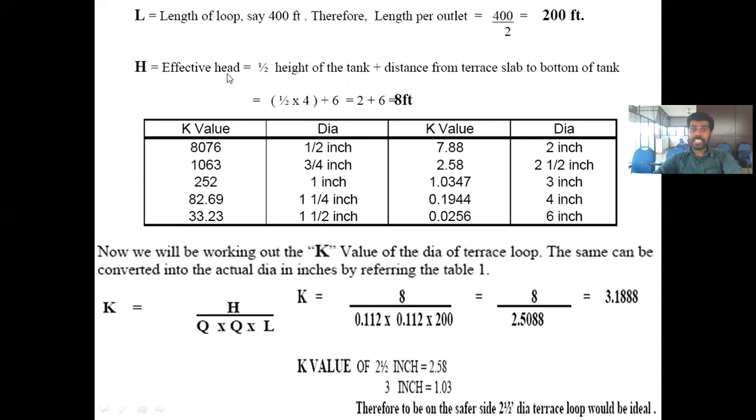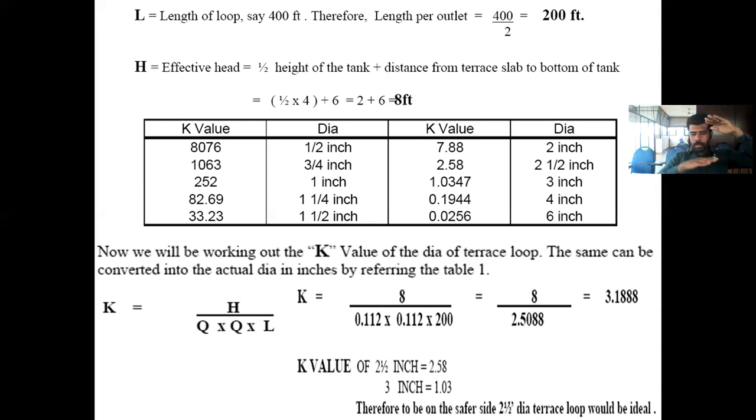Now H is the effective head. So effective head means half of the height of the tank plus the distance from the terrace slab to the bottom of the tank. So you know that the water tank won't be kept on the terrace. It will be kept in an elevated position only.